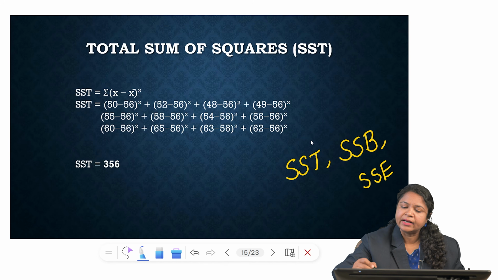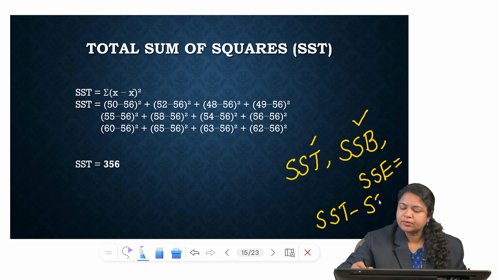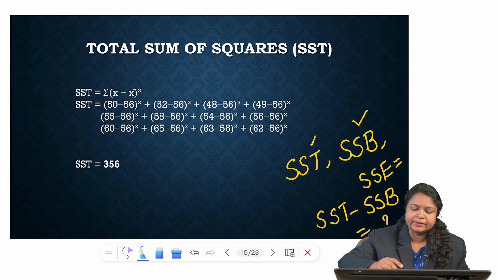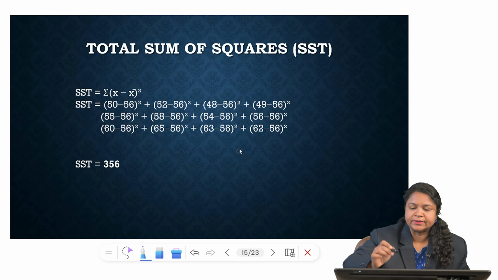So first we will calculate SST and SSB. Then your SSE will be nothing but your sum of squares total minus the sum of squares between the groups. So this will be your SSE. Now let us see how to calculate this.